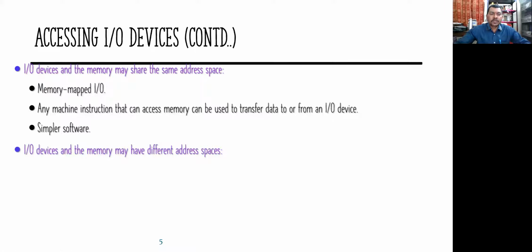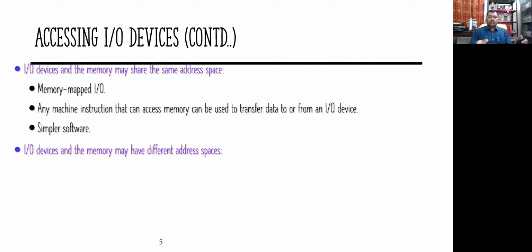The second type of interfacing is when input output devices and the memory have different address spaces. If it uses the same address lines, then the machine instructions can be used to transfer or take data from the input output devices.